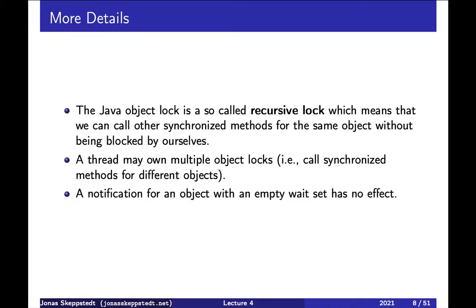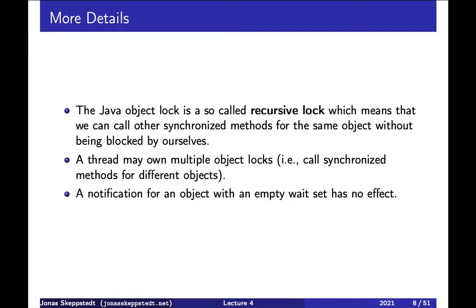So one more detail, a Java object lock is a so-called recursive lock. There is not much recursion in this, but this is the standard term, and it means that you can take a lock that you already have.